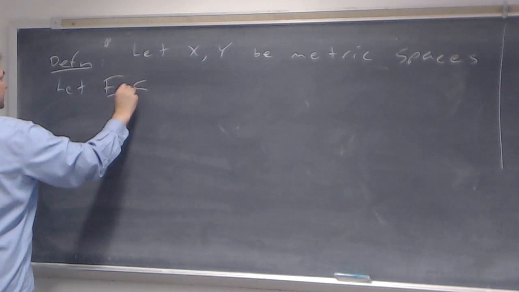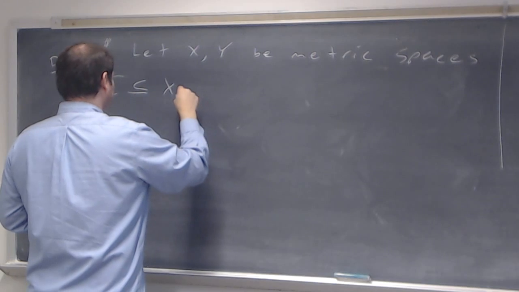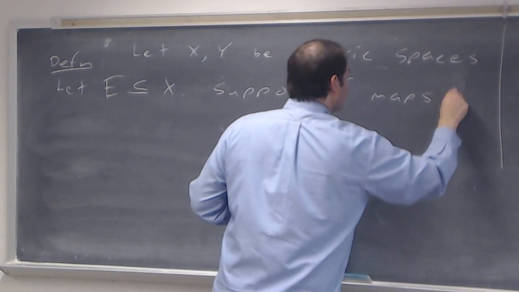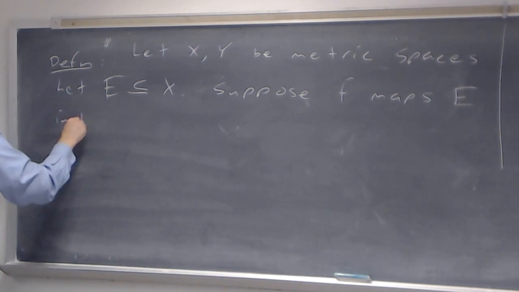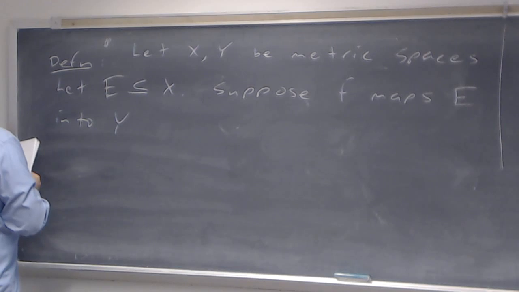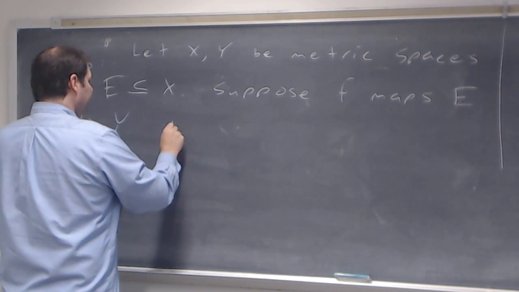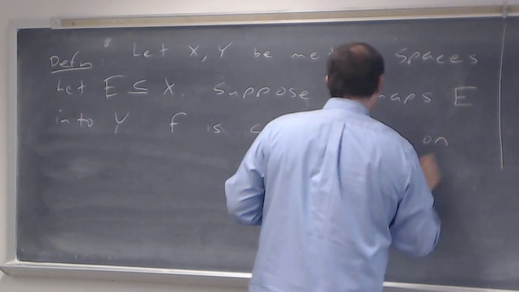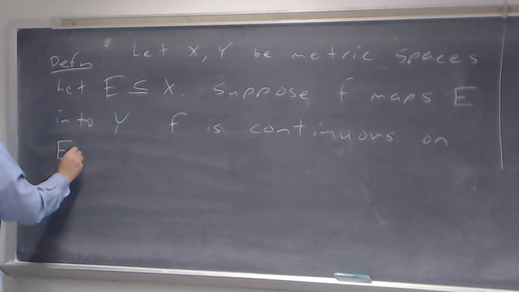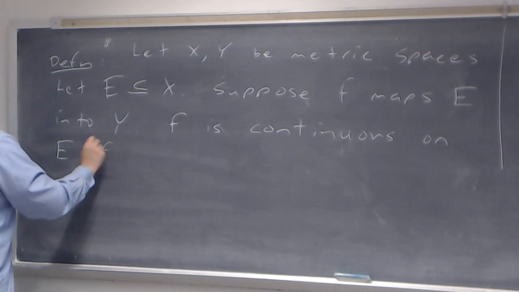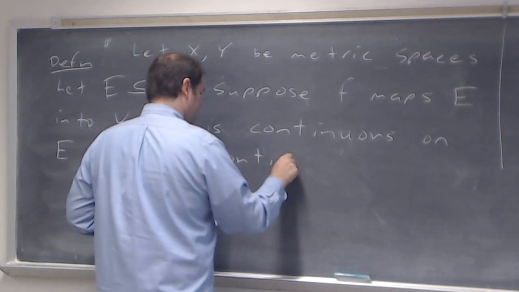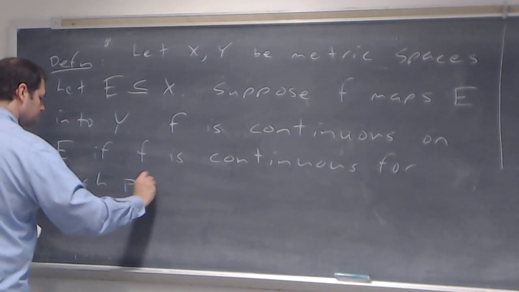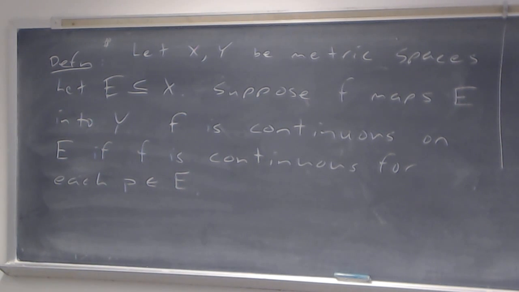Let E be a subset of X. Suppose F maps E into Y. Then we say F, so here's what we're defining, is continuous on E if F is continuous for each p in E. Okay, so that's its definition.